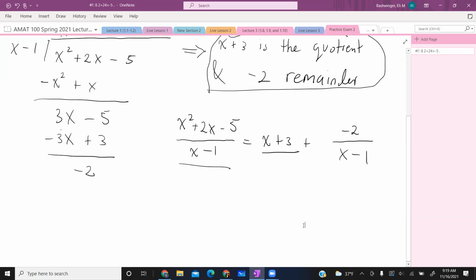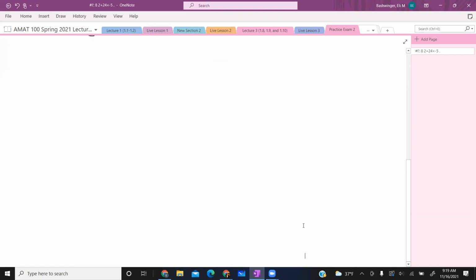The next one is putting a certain quadratic function into standard form and then graphing it. So this is number 2. The function is f of x equals 3x squared minus 6x plus 1.